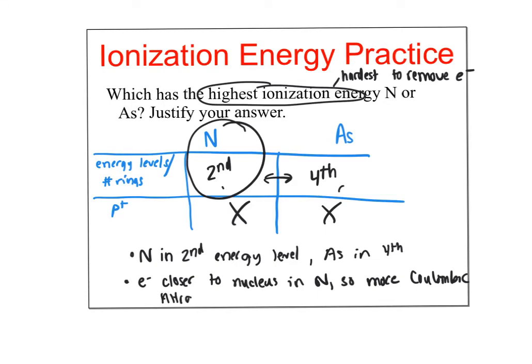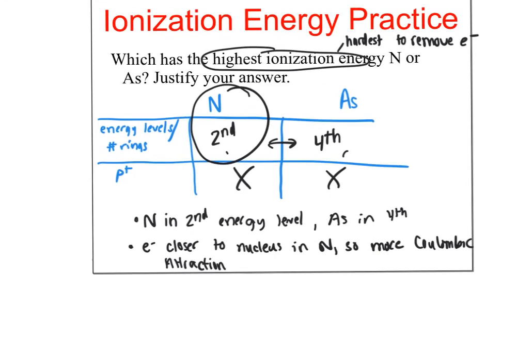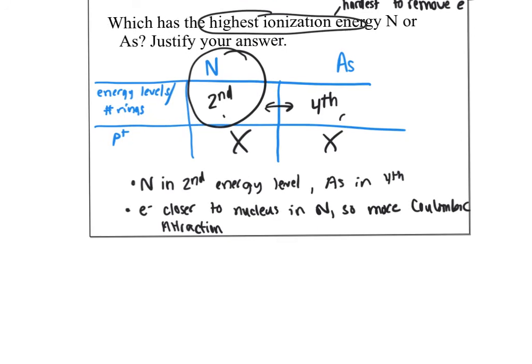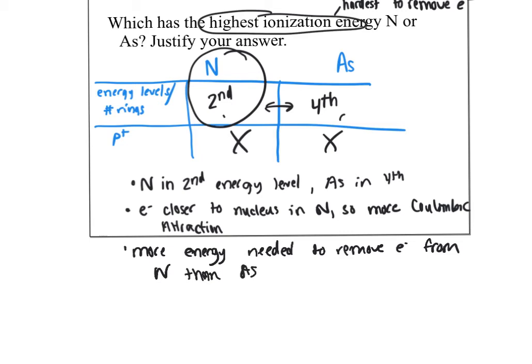It's basically saying that nitrogen really likes its purse more than arsenic does. This means more energy needed to remove electron from nitrogen than arsenic. And now let's tie it back.